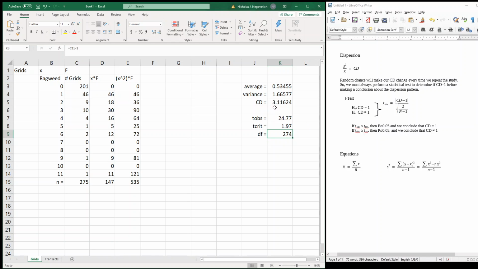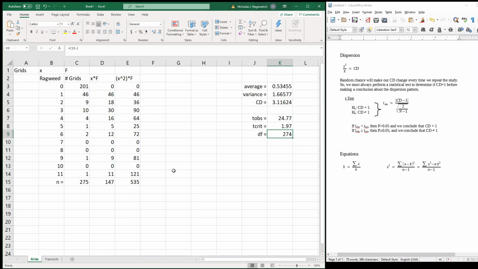So if it's not likely that we could get this value as large, then we conclude that our coefficient of dispersion must not be equal to 1. That leaves us with the option of either being uniform, random, or regular, or clumped and aggregated. Well, our value is 3, it's greater than 1. We therefore conclude that ragweed is clumped or aggregated in that area.